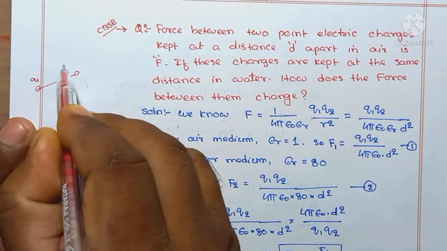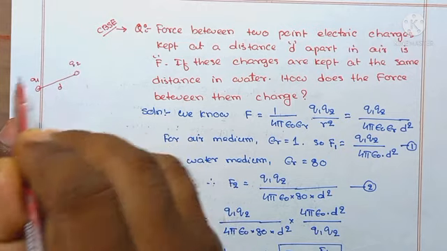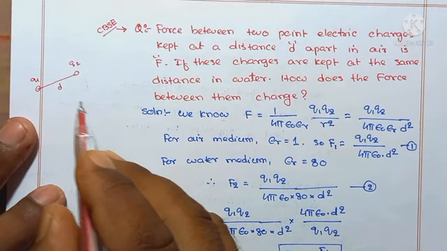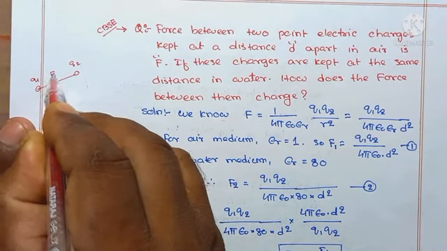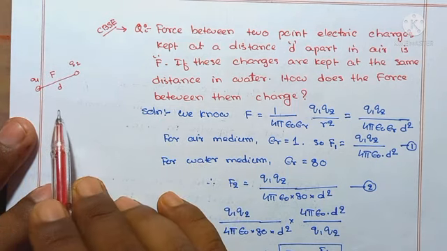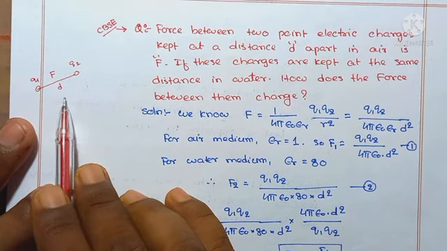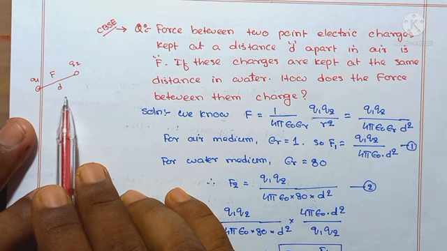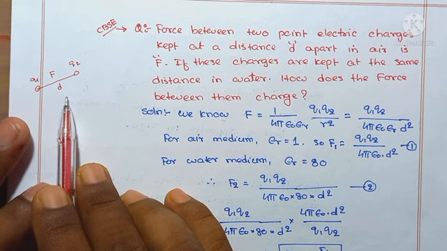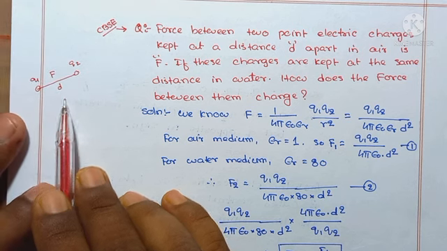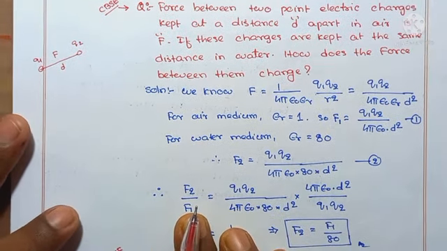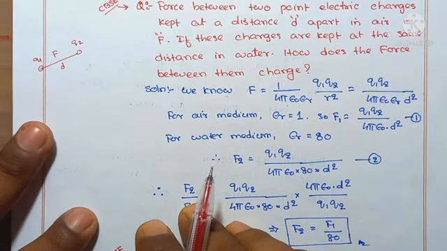Suppose this charge is q1, this charge is q2, and they are placed in air medium and producing the force F. If the same charges at the same distance are placed in water, then what will be the force?